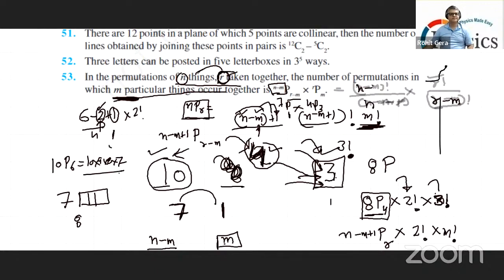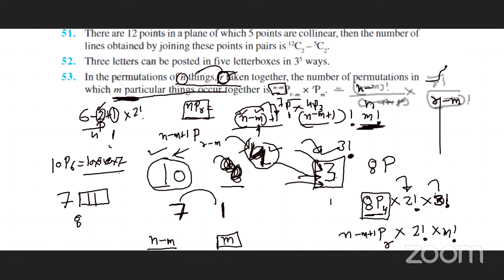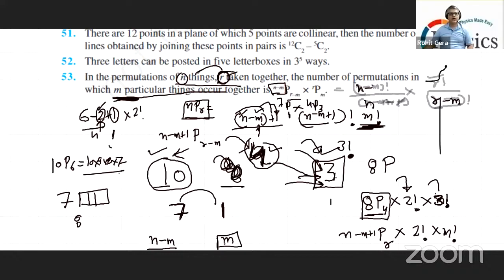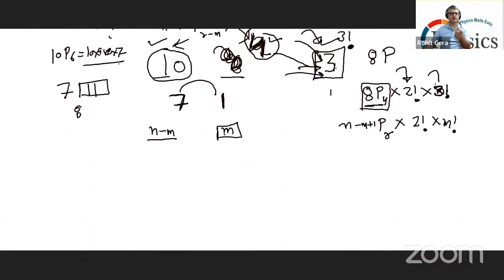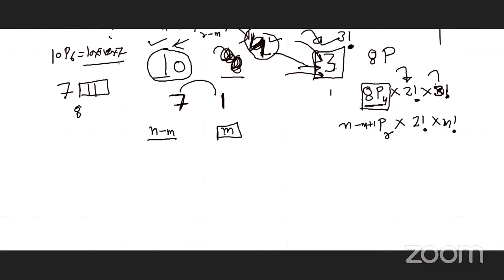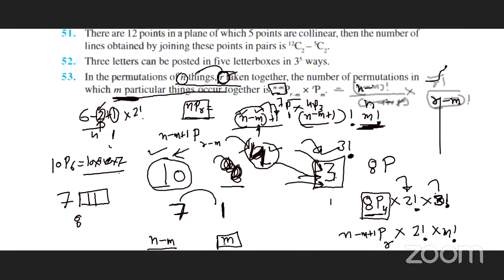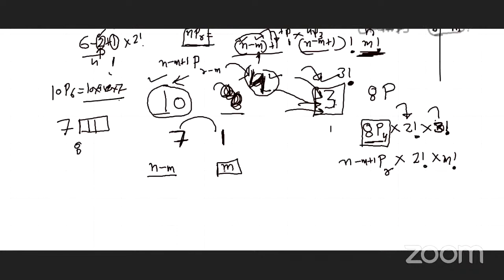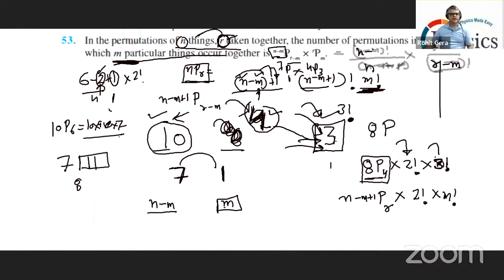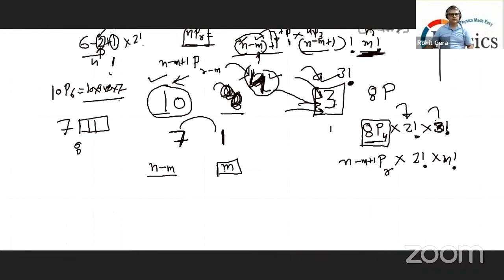False. Oh, I had said it right. Yeah, I used that same logic. Two girls have to be together. How is it anyway different? It's not different. So the approach was the same. No difference in my approach. Okay.